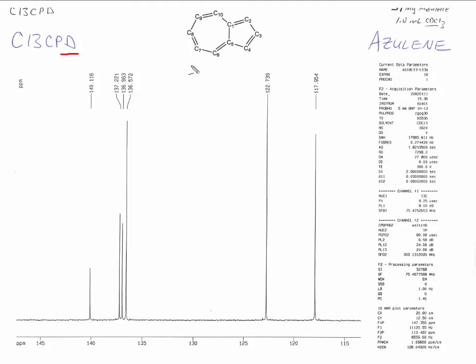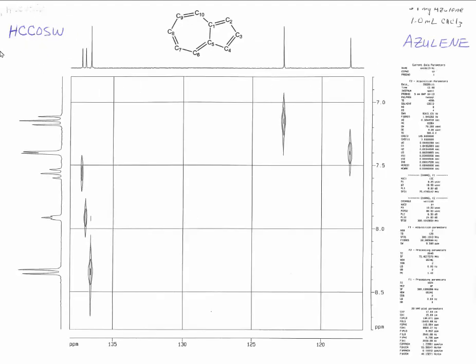And so the way in which we would assign this spectrum, which peak goes with which carbon, is we would do some sort of a correlation spectrum where we can correlate the already assigned proton spectrum in order to make these peak assignments. That's what we see here. A third spectrum, which is the HCCOSW spectrum.